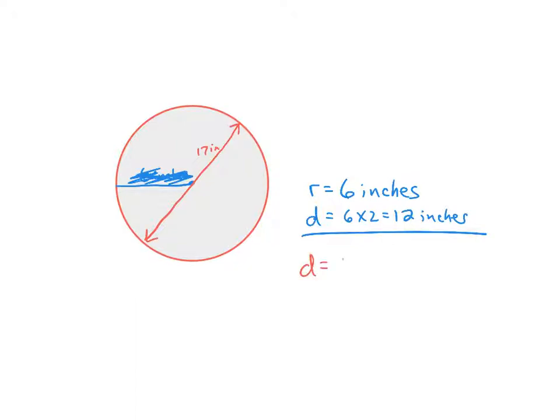If the diameter is 17 inches, the radius would be half of that, or 17 divided by 2. 17 divided by 2 gives 8 1/2, or you could say 8.5. And once again, you would say 8.5 inches. So given one or the other, radius or diameter, you need to be able to find the one that you are not given.